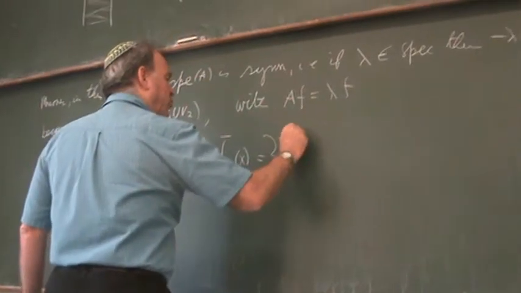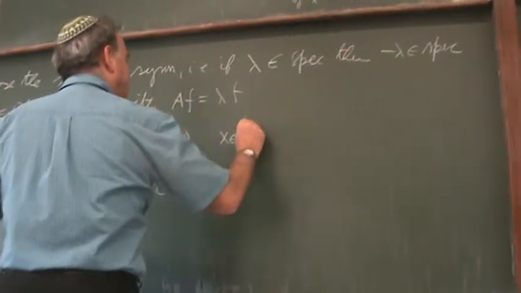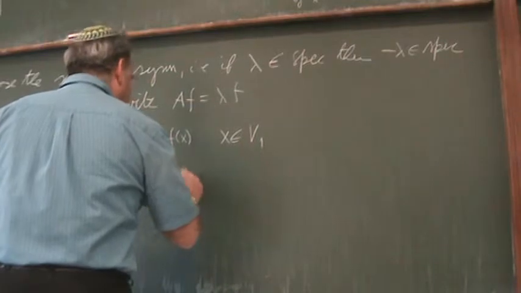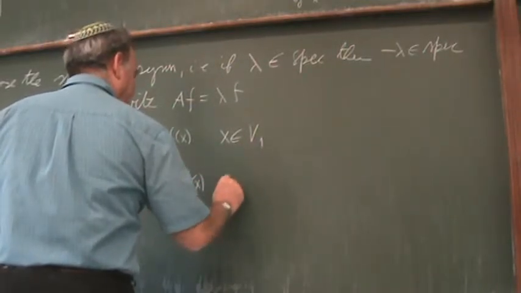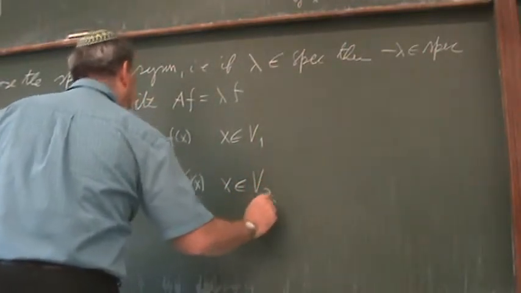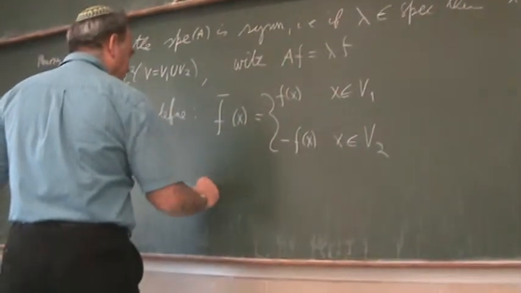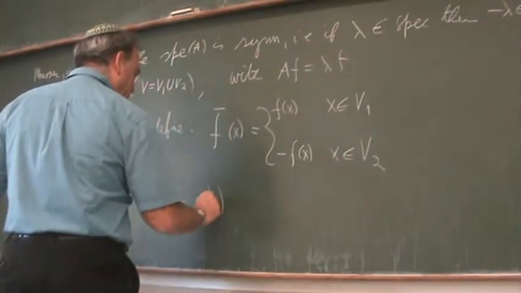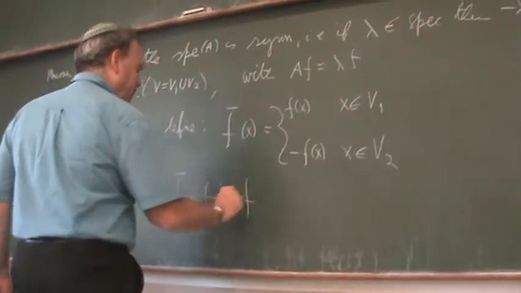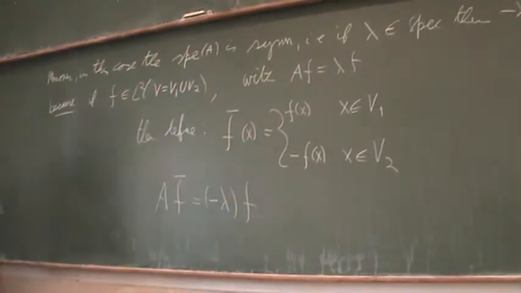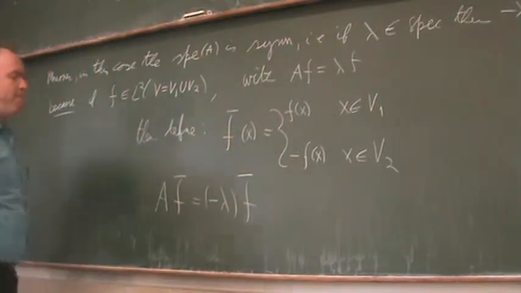It will be equal to f of x if x is in V1, and minus f of x if x is in V2. And now you see that A of f bar is equal to minus lambda times f bar.